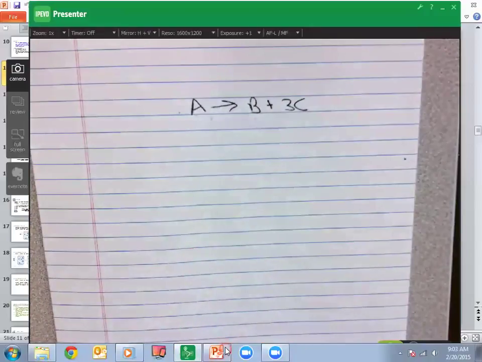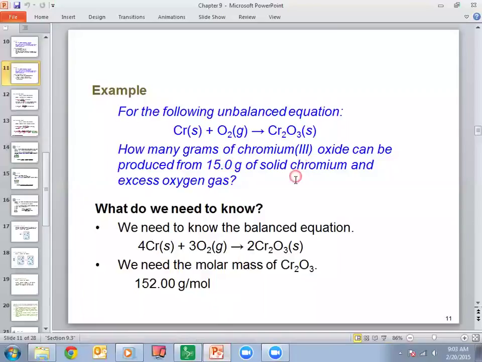So when we look at a balanced equation, or maybe even an unbalanced equation, here's an unbalanced equation, I think. The first thing is to always balance your equations. And if we get a question like, how many grams of such and such, boom, a bell goes off in your head and you say, well, the first thing I'm going to have to do, almost certainly, with almost all the stoichiometry problems, is convert from mass quantities to mole quantities.